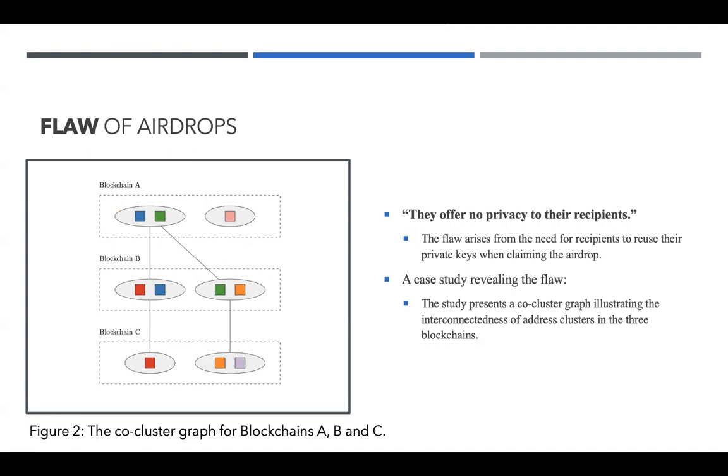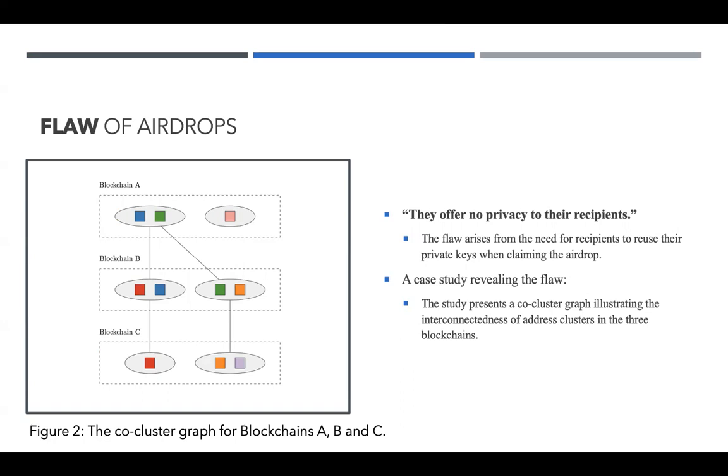By reusing wallet addresses across different blockchains, a relationship is established between transactions, exposing recipient information to external parties. This flaw is substantiated by a case study that examines a specific blockchain airdrop across three distinct blockchains, using address clustering techniques to establish one-to-one mappings.